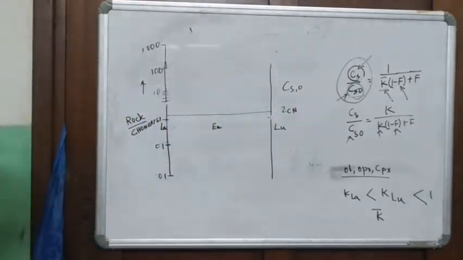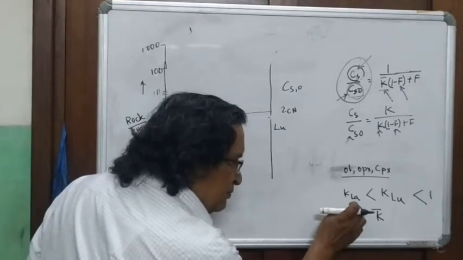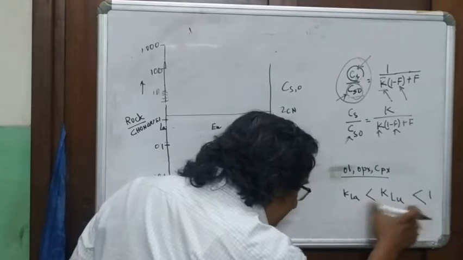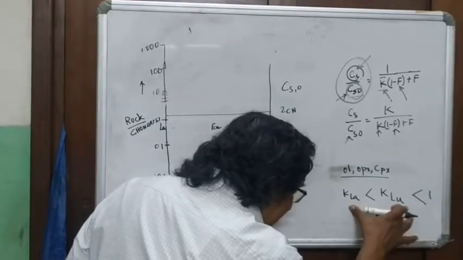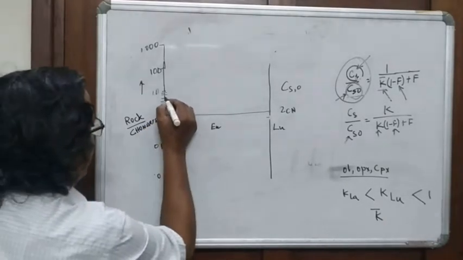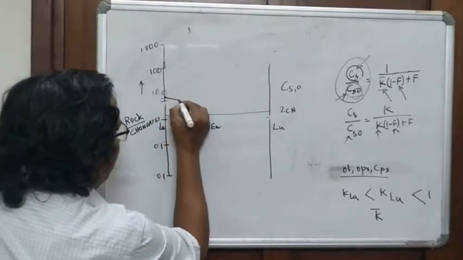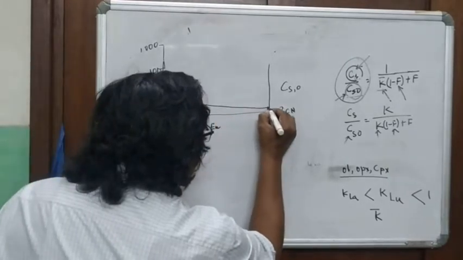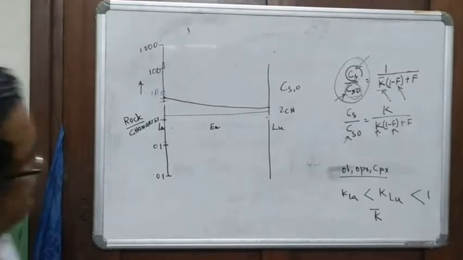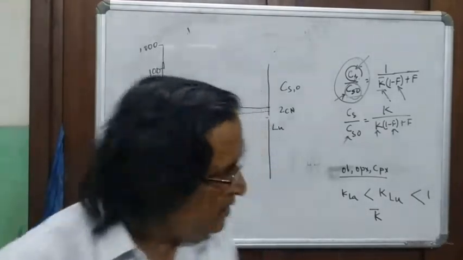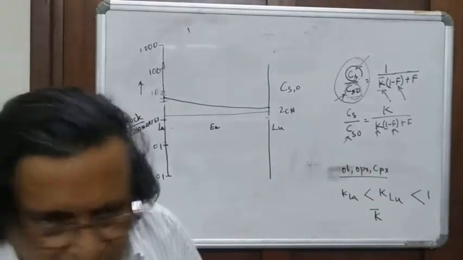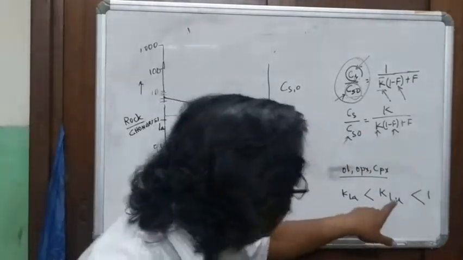And what will they do? Because lanthanum is more incompatible than lutetium, both are incompatible because they are less than 1, but lanthanum is more incompatible than lutetium. Therefore, the melt that is produced will have this type of a slope. Why? Because lanthanum is more strongly partitioned into the melt.